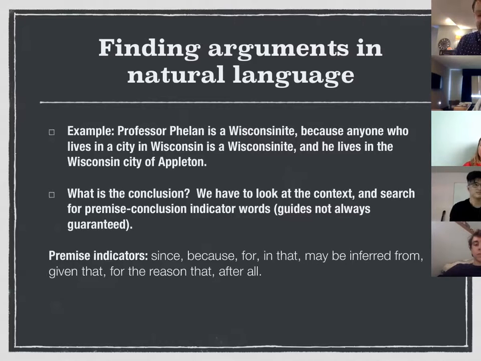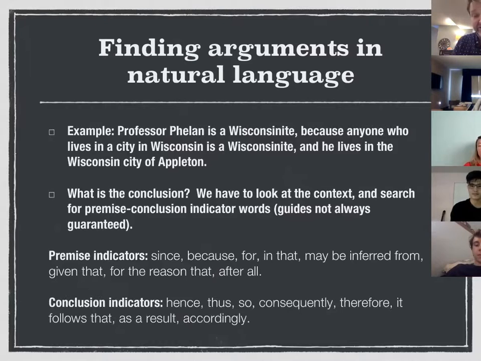We might see the word since, which functions in the same way as because, or for, as in Mark Phelan is a resident of Wisconsin, for he lives in Appleton, right? In that case, that for would be indicating that he lives in Appleton as a premise supporting the first conclusion. Or in that, may be inferred from, given that, for the reason that, and after all. All of these are going to indicate the premises of an argument.